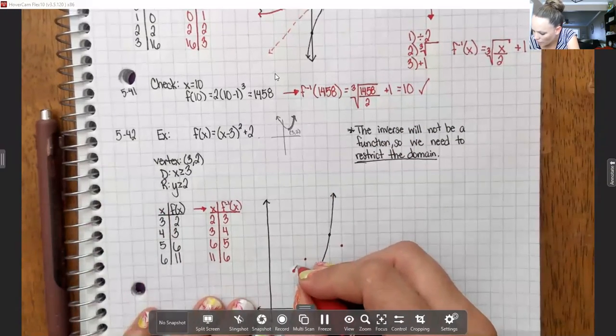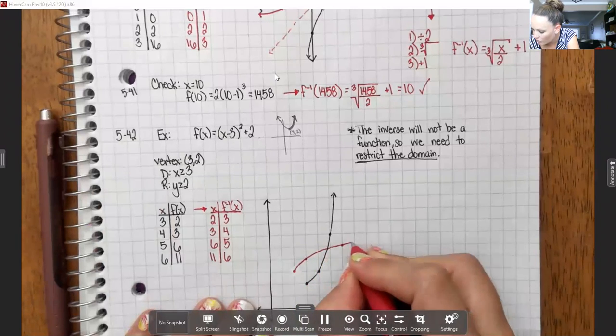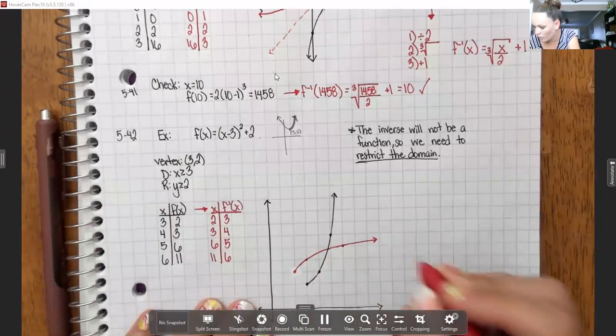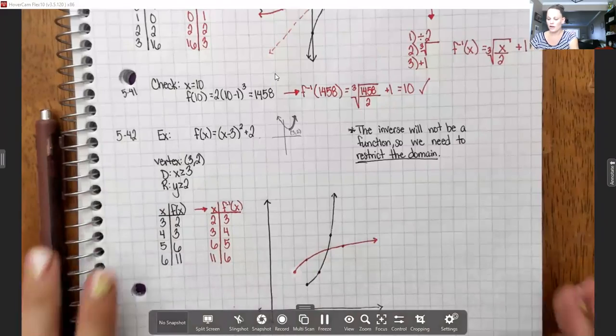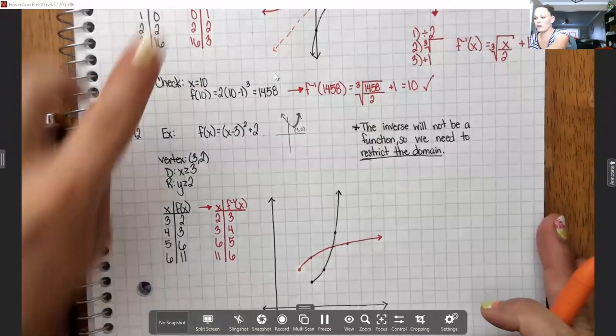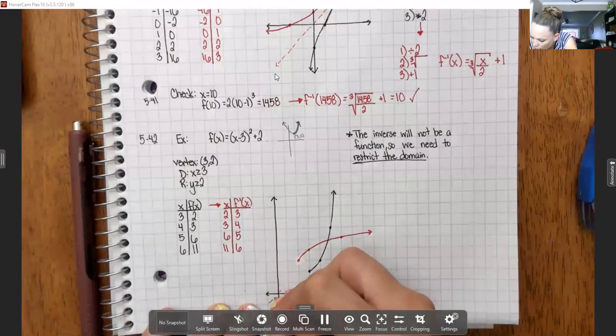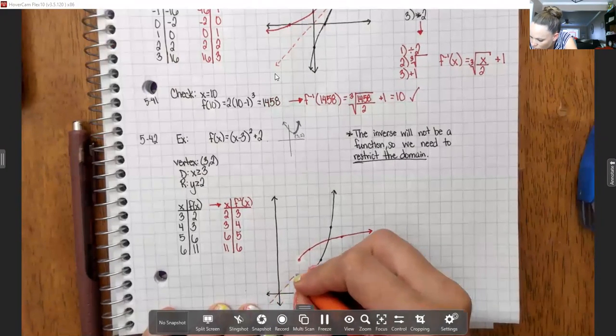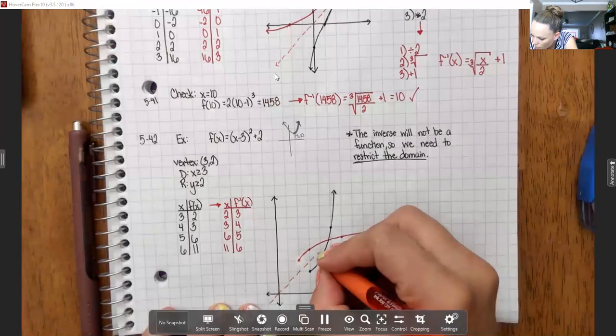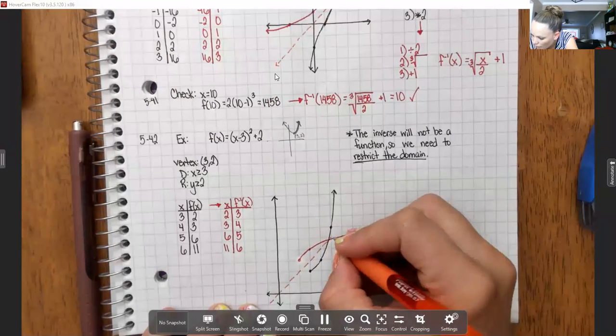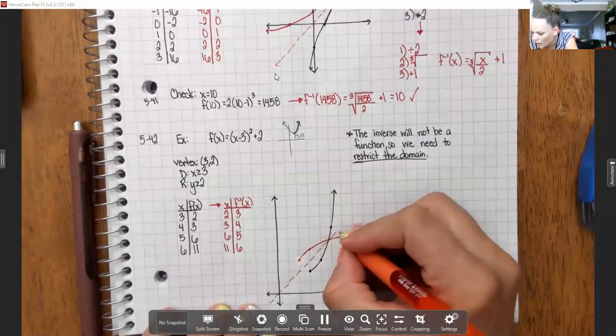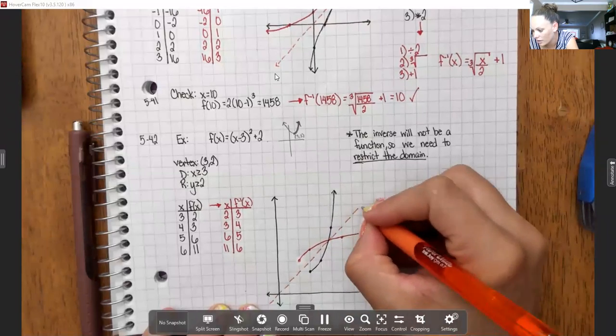And then my inverse, we know, is half of that sleeping parabola, or a square root graph. And then notice this one, it still has this same line of symmetry. And anytime they cross, that point would be on your line of symmetry.